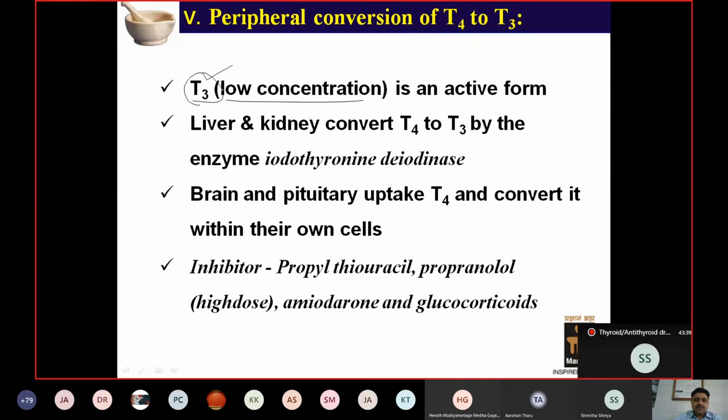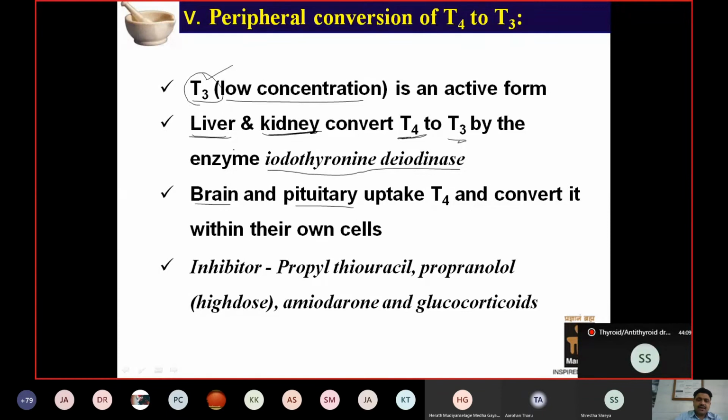Now T4, which is released in high concentration, is converted to T3 with the help of the enzyme iodothyronine deiodinase. This conversion generally happens in the liver and kidney mostly. Of course, there will be conversion of T4 in the brain and pituitary gland also.